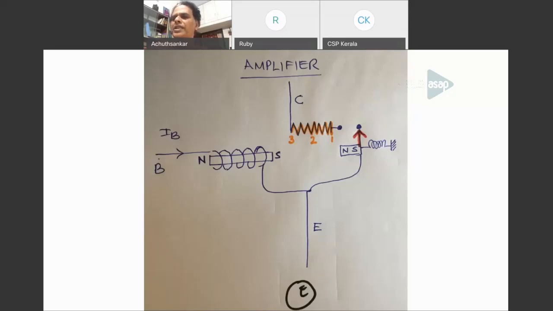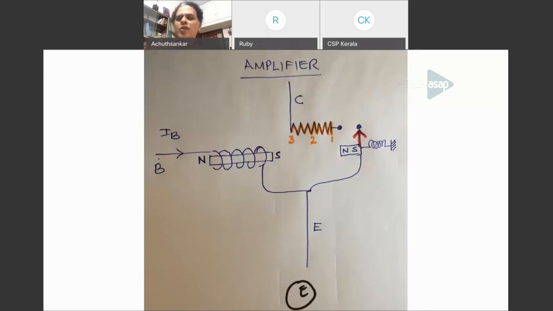So the moment it hits the point 1, there is a finite resistance between collector and emitter. Earlier there was infinite resistance, there was an open circuit. But the moment it hits point 1, it becomes a finite resistance. If you send more current to the base, then the pointer will move closer to the electromagnet. When it reaches the point 2, the finite resistance which was there is now made into half.